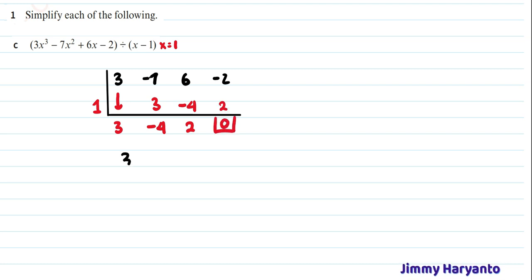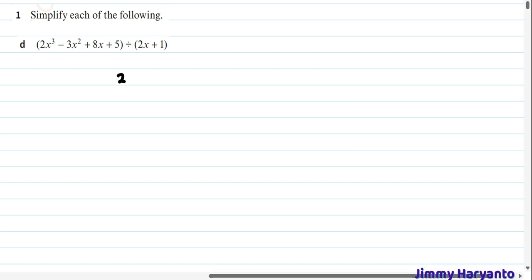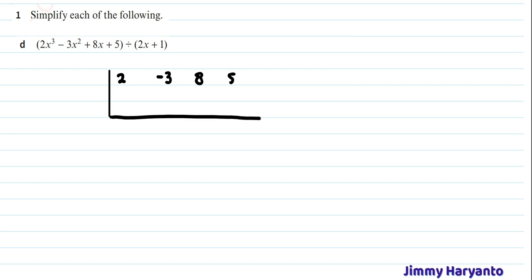It means 3x squared minus 4x plus 2. Next is 1D. We have 2, negative 3, 8, and 5, and then divide it with 2x plus 1. 2x plus 1 equals 0, that means 2x equals negative 1, x equals negative half.